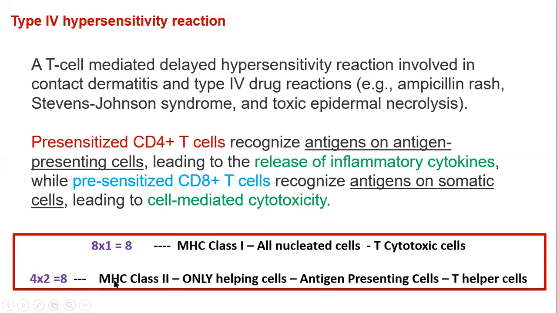MHC is major histocompatibility complex, but look at the H as a mnemonic: T helper cells have H, so they will come with the MHC class 2 molecule. These MHC class 2 molecules are on antigen presenting cells. These cells are always associated with T helper cells. Without these antigen presenting cells, T helper cells will not work, and this association helps you see 4 twos are 8, the MHC class 2 molecule.